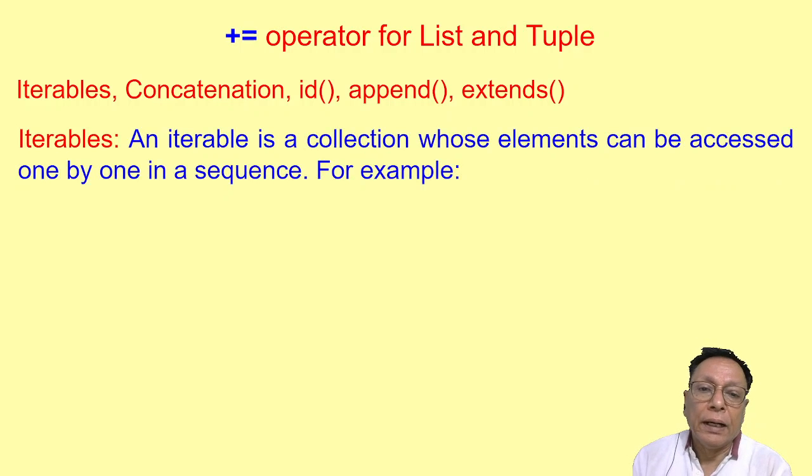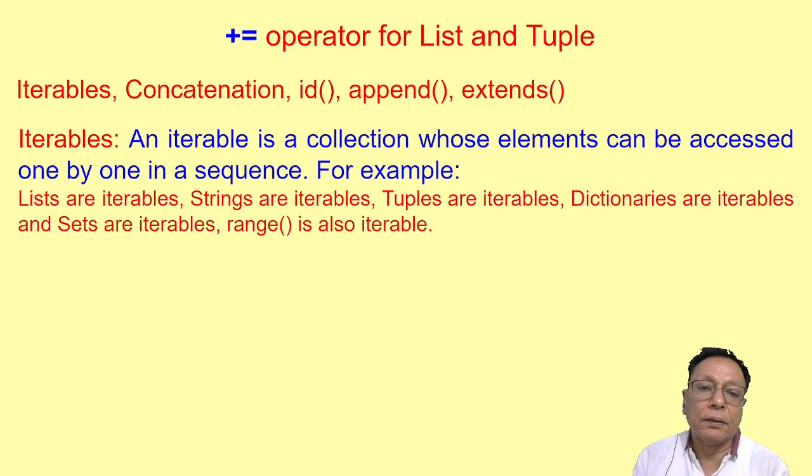So here, iterables means what? An iterable is a collection whose elements can be accessed one by one in a sequence. Means iterable is that collection which can be accessed one by one in sequence.